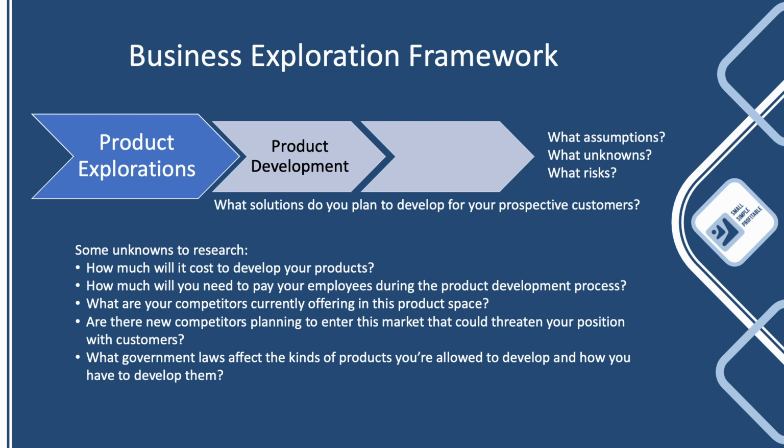What government laws affect the kinds of products you're allowed to develop and how you have to develop them? Think through the unknowns that are most important to research for your specific product development plans. Your goal with the unknowns is to do just enough research until you're comfortable that you know enough.